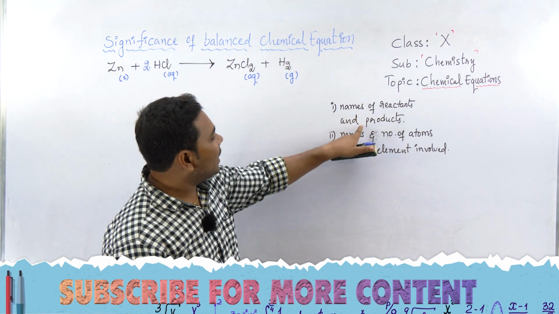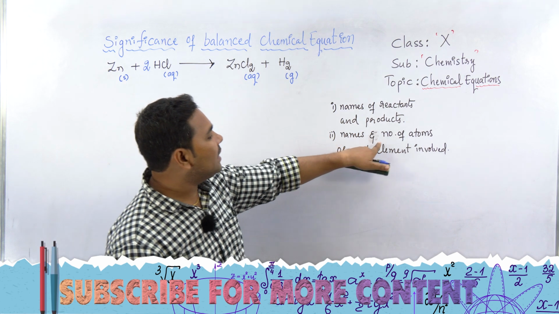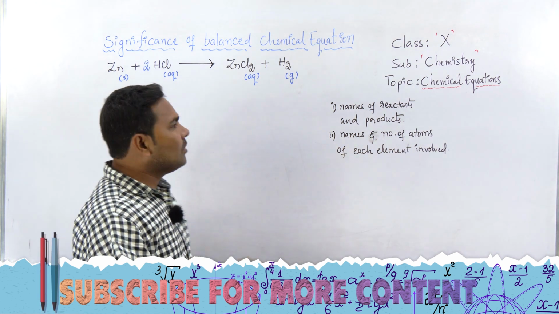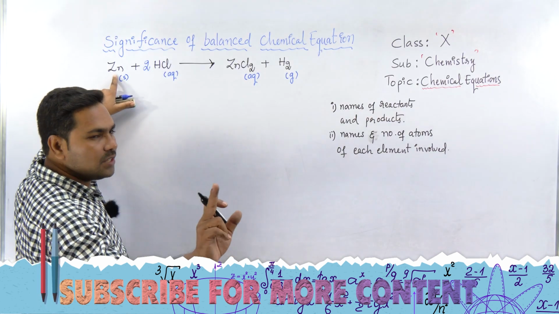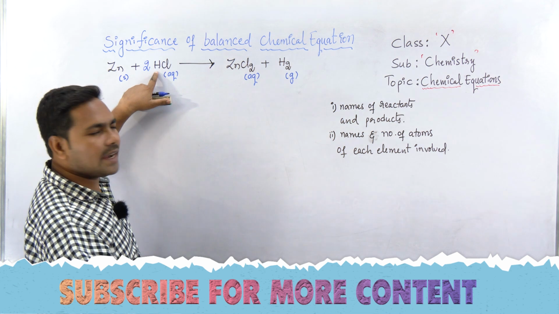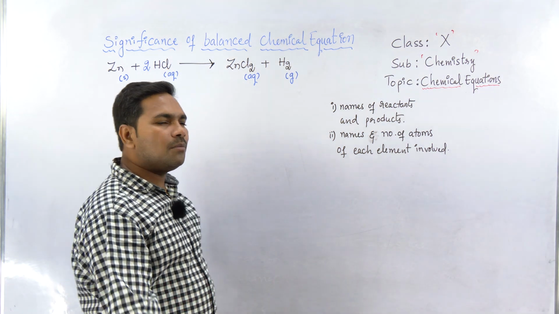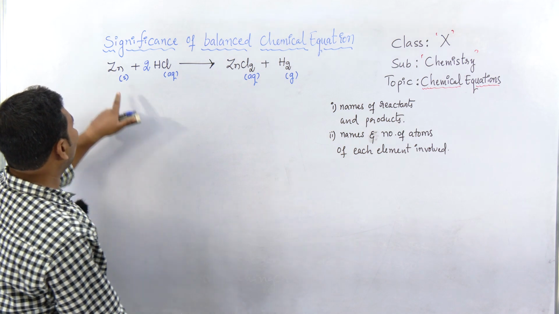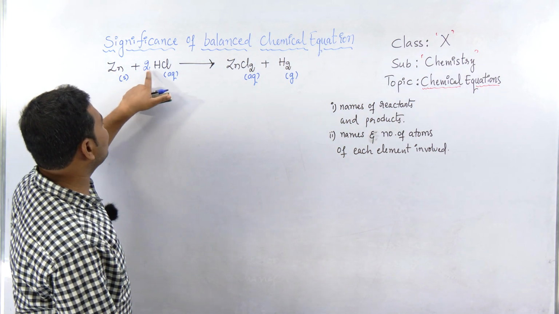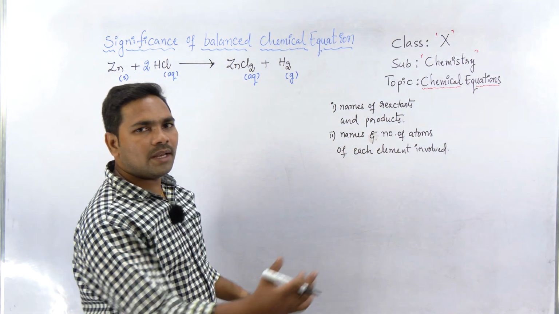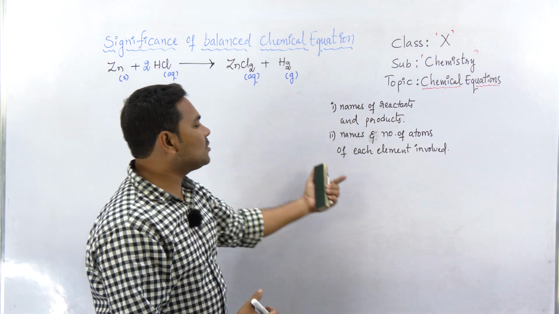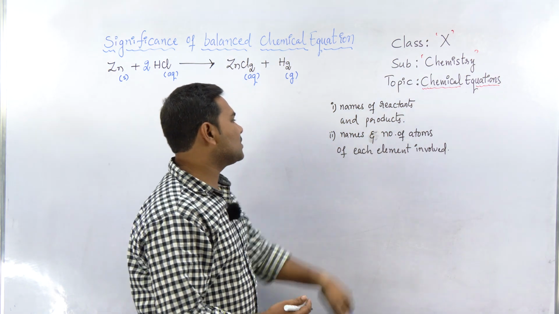So names of the reactants and products, and names and the number of atoms of each element. What are the elements here? Zinc is one element, hydrogen is the second element, chlorine is the third element. Names of the elements and also the number of atoms of each element. We say one zinc atom, two hydrogen atoms, two chlorine atoms, right? Reactant side has the same number of atoms as the product side, names and the number of atoms, right?